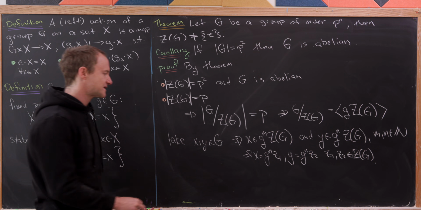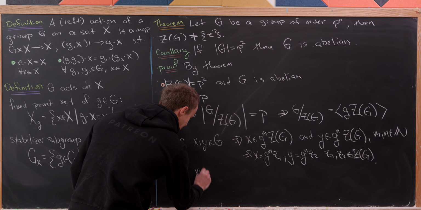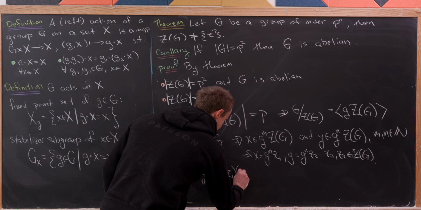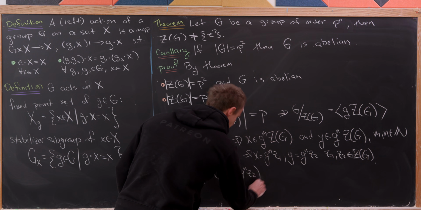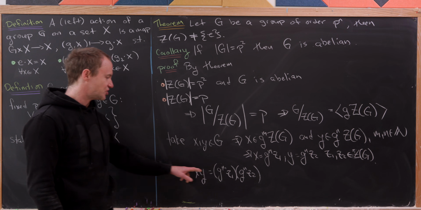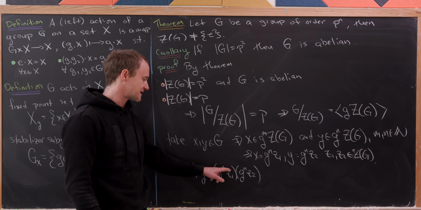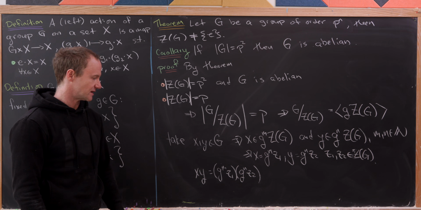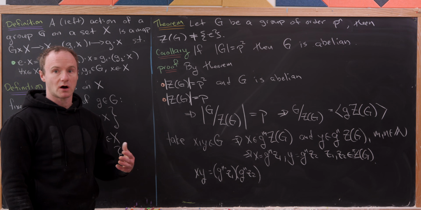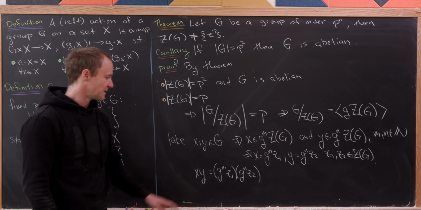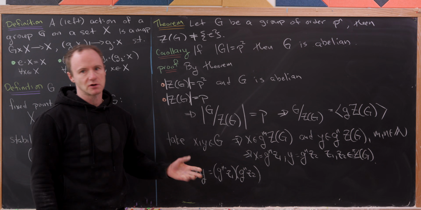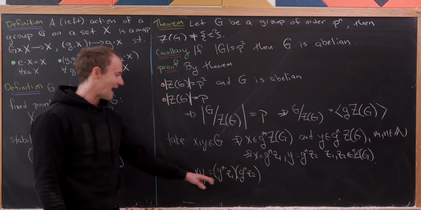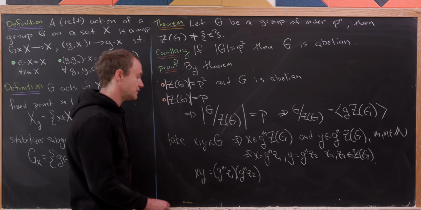But now we're essentially home free. We can take xy, which is equal to g^m z1 times g^n z2, and observe that g is going to slide past z1 and z2 because z1 and z2 are in the center. z1 and z2 are also going to commute because they're in the center. And then any power of g will commute with any other power of g just because they're powers of g. So everything in this picture commutes.